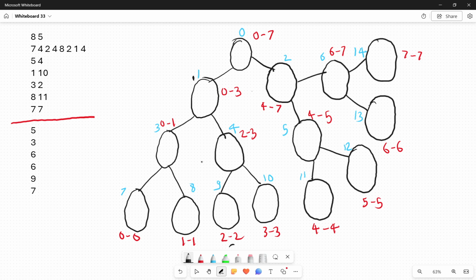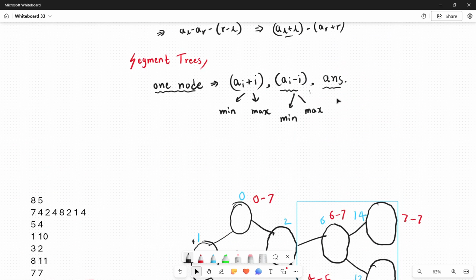So what was I going to store in each node?